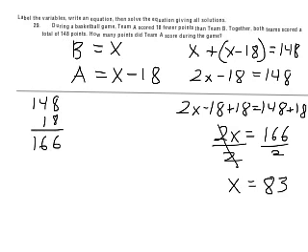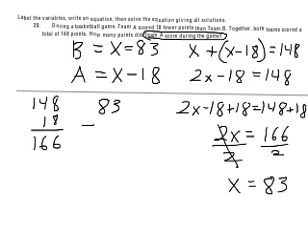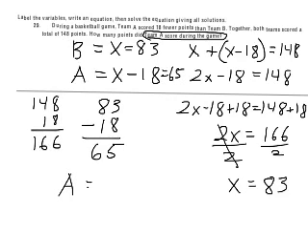Okay, so now we're going to see if we're right. That one's 83. This is how many points did Team B score. So we've got Team B's, we've got to find out Team A's. Team A is 83 minus 18, 65. So they got 65 points. So A, 65.